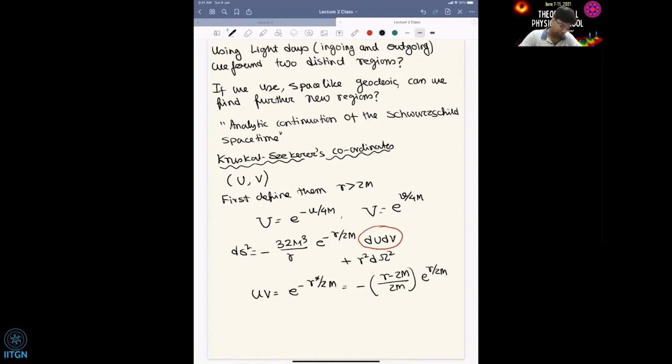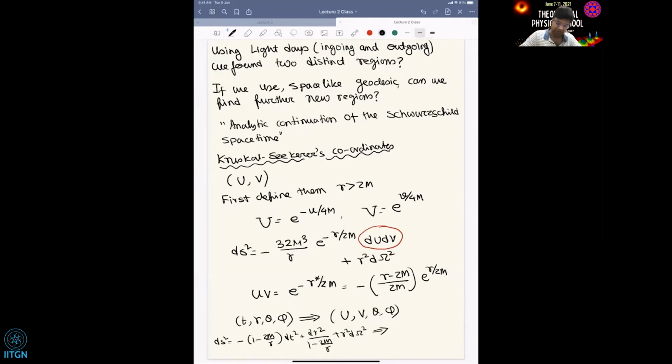Okay, so what we did is that we started from t, r, theta, phi coordinates. We have gone into u, v, theta, phi coordinates. Okay, my metric was initially f of r, 1 minus 2m by r dt square plus dr square by 1 minus 2m by r plus r square d omega square.